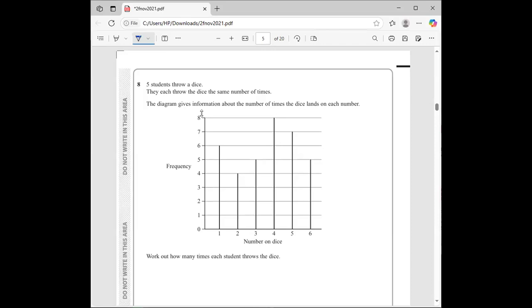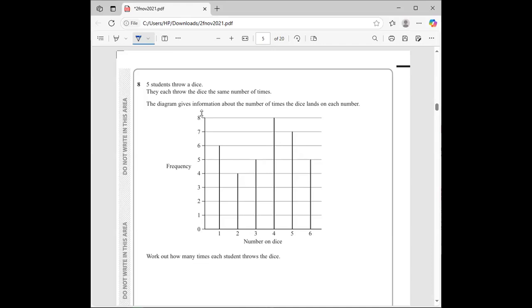So frequency, 1 happens 6 times. It shows 2, 4 times, 3, 5 times, 4, 8 times, 5, 7 times, and 6, 5 times. It now says, work out how many times each student throws the dice.